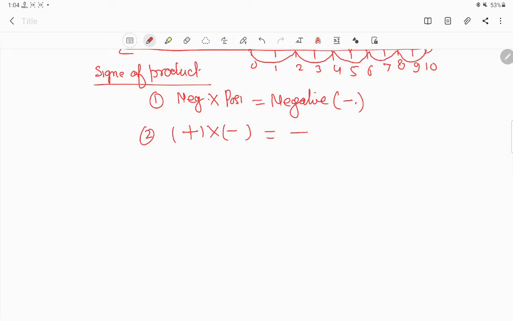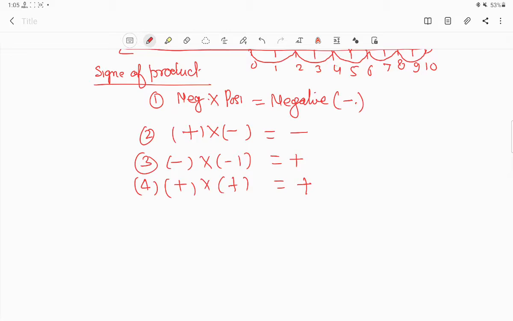If you multiply negative sign with negative, then the product sign is positive. If you multiply positive sign with positive sign, then the sign of the product is positive. What do you get from here? If you multiply the same sign, then the sign of the result is positive.